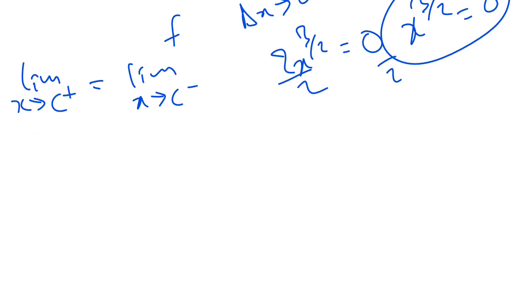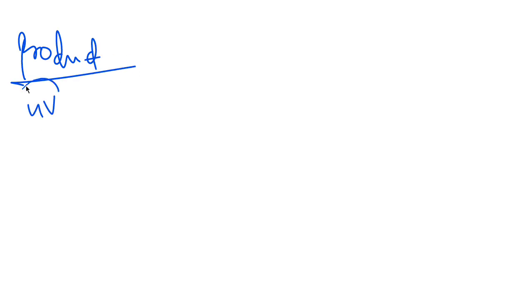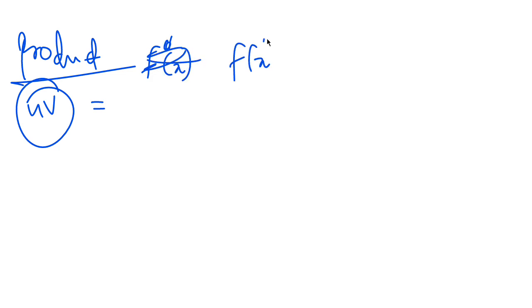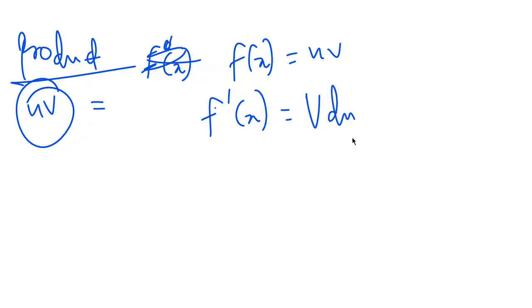So the next thing we are going to go to now is the product rule of differentiation. Product rule, not difficult. It says that for two functions u, v, given a function f of x equal to uv, the first derivative of f of x is equal to v du dx plus u dv dx.